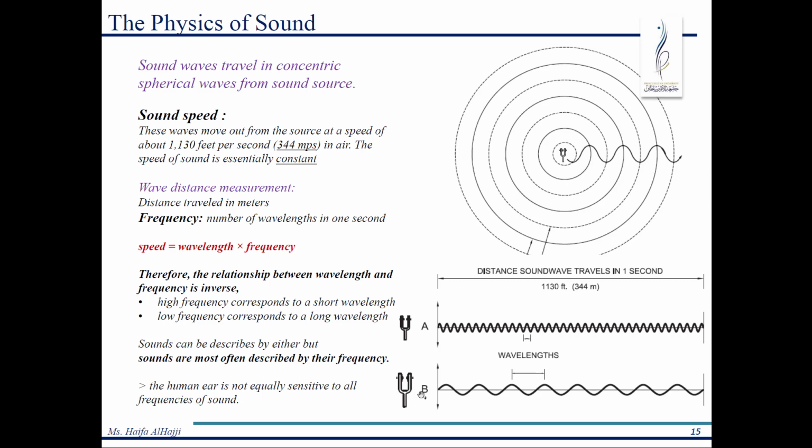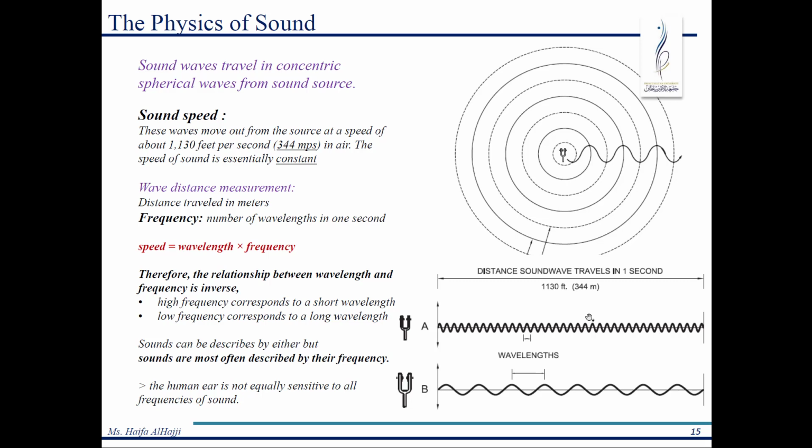This one has a long wavelength, so it has fewer waves in 1 second. The more waves you have in 1 second, the more you feel the sound is pitchy. So the higher the frequency. The number of waves you have in 1 second is the frequency.